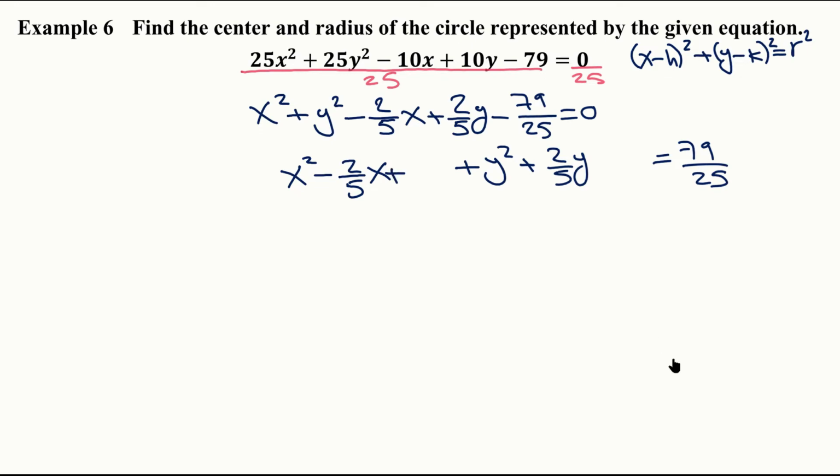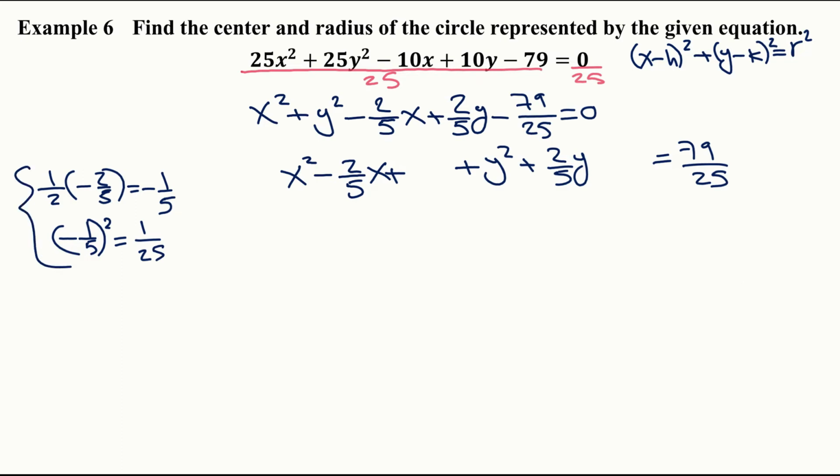what do I need to complete the square here? Same procedure. Take 1/2 of negative 2/5, which gives us negative 1/5, because the 2's will cancel out, and square that. So we get 1 over 25. All right, so this is for the x terms. We get 1 over 25.